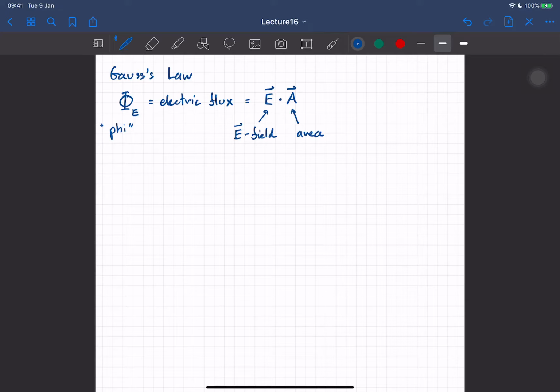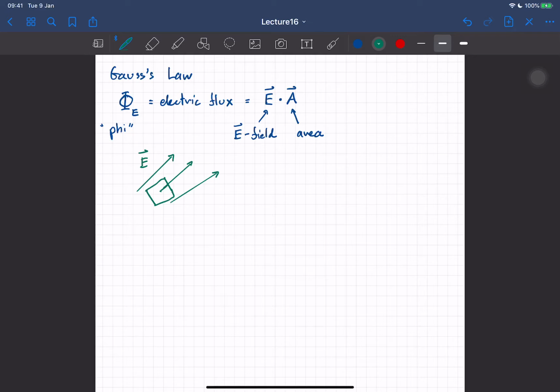So how do we think about this? The area here is the area that you imagine. For example, if you have some electric field in some region, maybe pointing this way, and then the area is something like this. Imagine that you take a piece of paper and put the paper in the area where you have electric field.